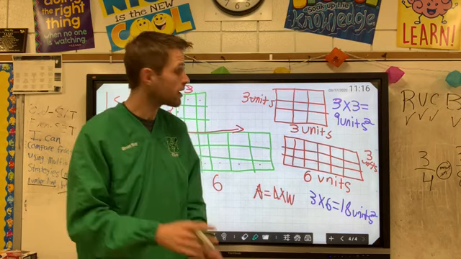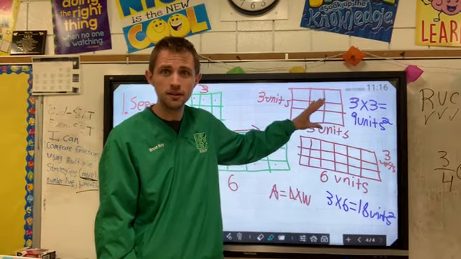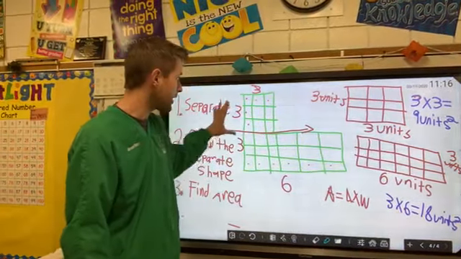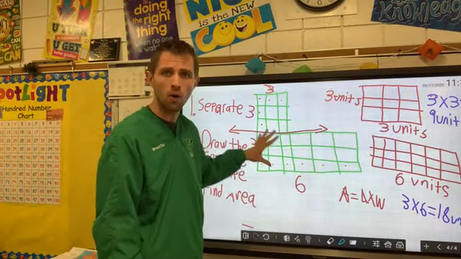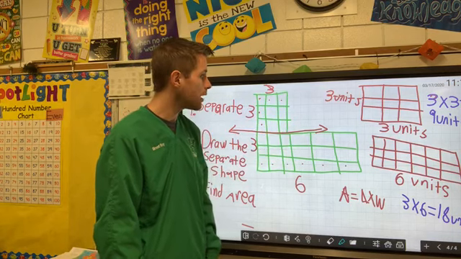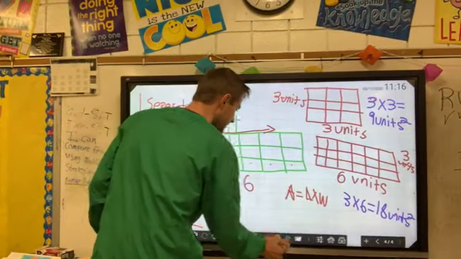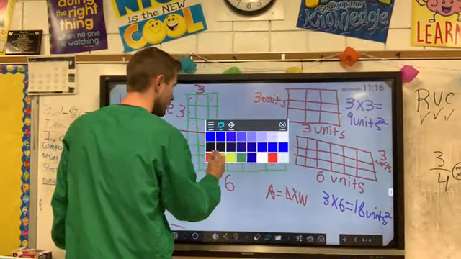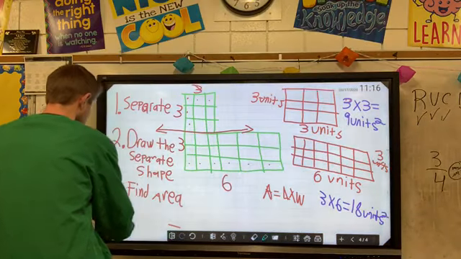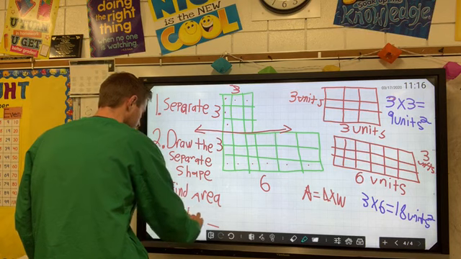But we're not finished yet because we have areas of 2 completely different figures, right? And we've got to find the area for this whole gargantuan figure, right? So what do we have to do? We have to take those areas and do our last step, which is step 4, add the areas.